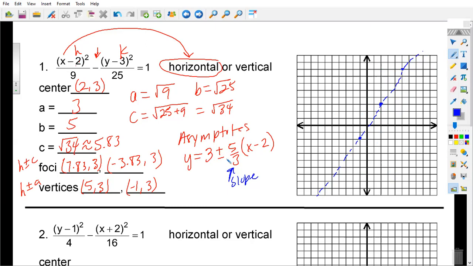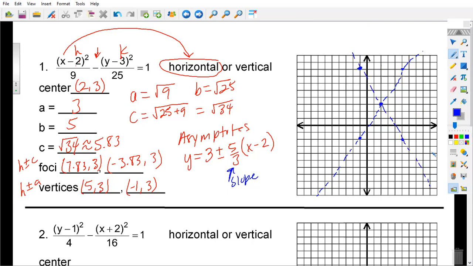Now, to find my negative slope, this time I'm going to rise 5 and then go to the left 3. I'm going to fall 5 and then crawl to the right 3. And now I have my asymptotes.